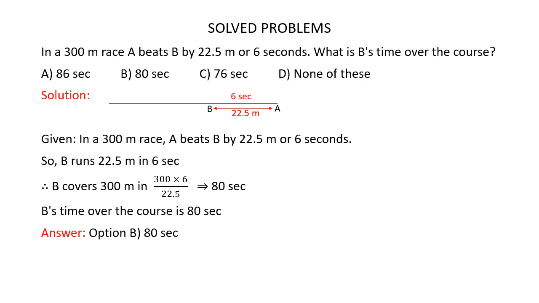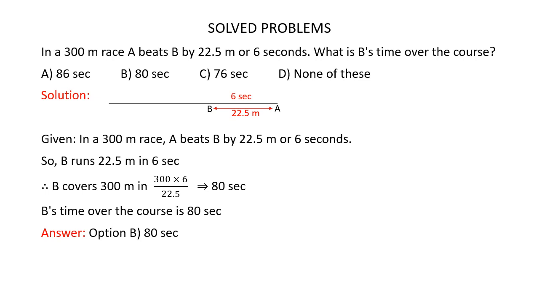Now it's given that in a 300-meter race, A beats B by 22.5 meters or 6 seconds. So B runs 22.5 meters in 6 seconds. Now we have to find out the time taken by B to cover 300 meters.